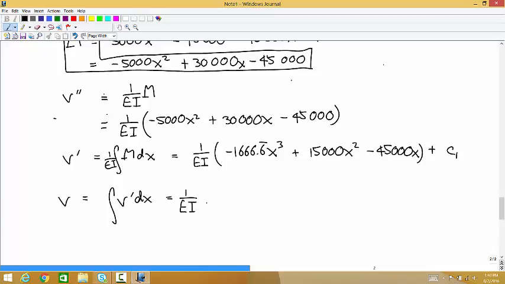So, okay, negative 416.6 repeating x to the fourth plus 5,000 x to the third minus 22,500 x squared plus C1x, and now we have another constant of integration, C2.